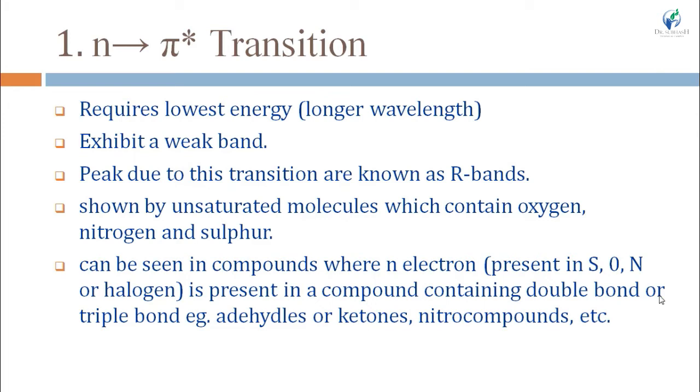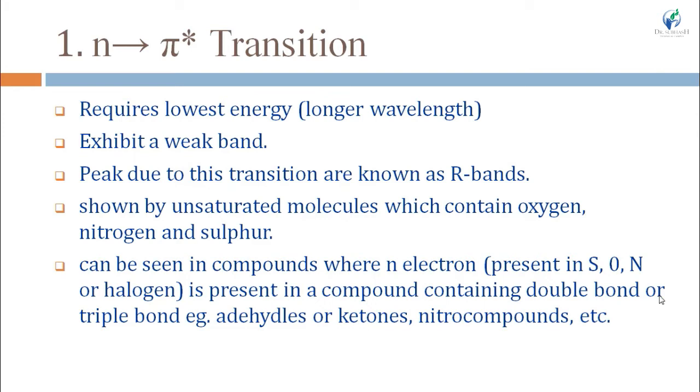And this transition is shown by unsaturated molecules which contain oxygen, nitrogen and sulfur. Obviously, this transition is from n orbital to pi star orbital, meaning the electrons present in n orbital go to the pi star orbital.